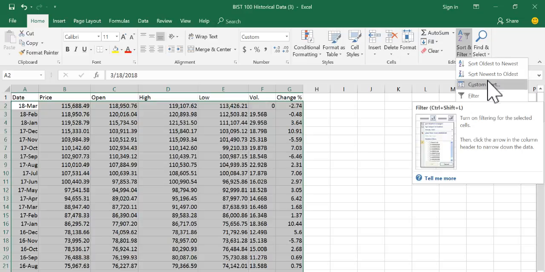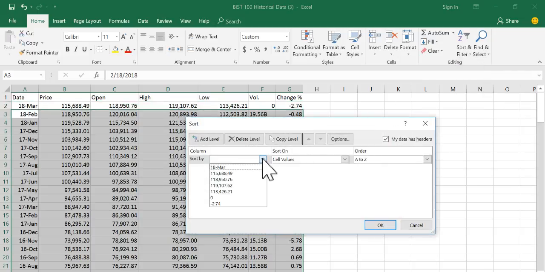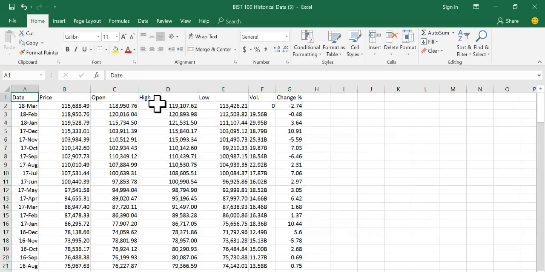So let's go to the custom sort. Let's select all of them together. So from the first column, you bring your cursor here, select this one date, and press Control Shift right arrow. So it will select up to the last column of the data, and then press the down arrow. You keep pressing Control Shift and down arrow.